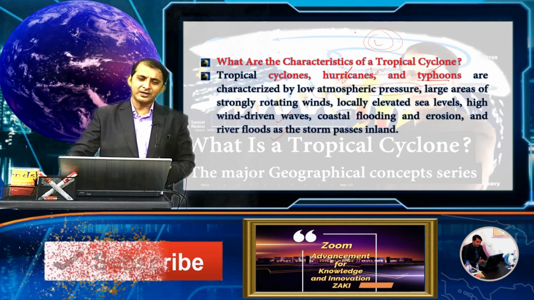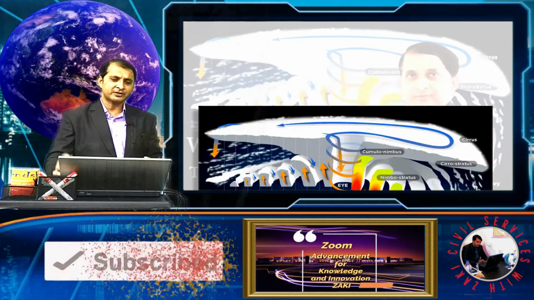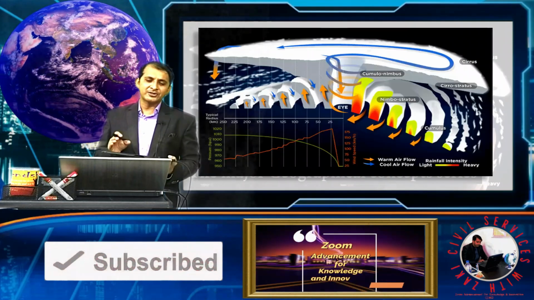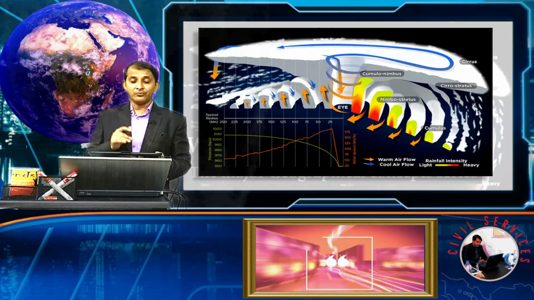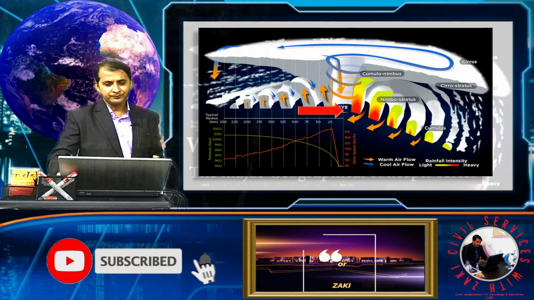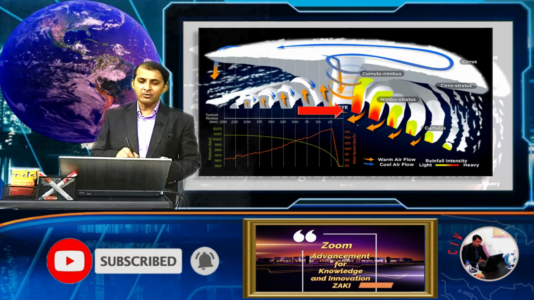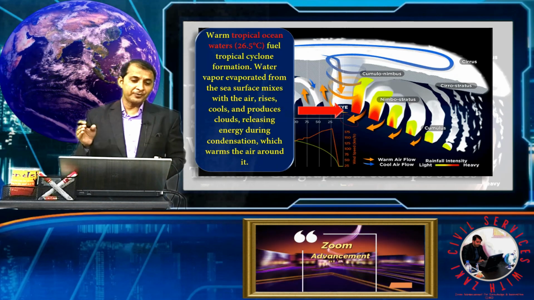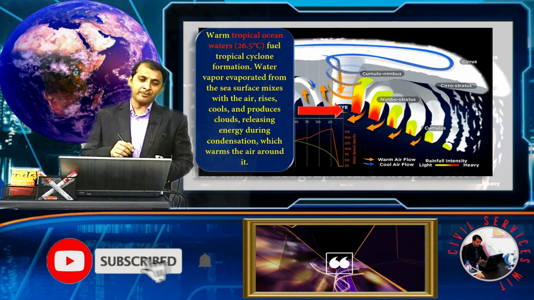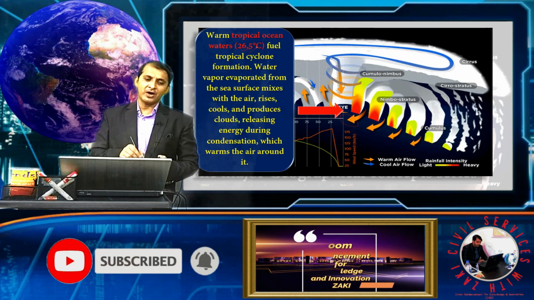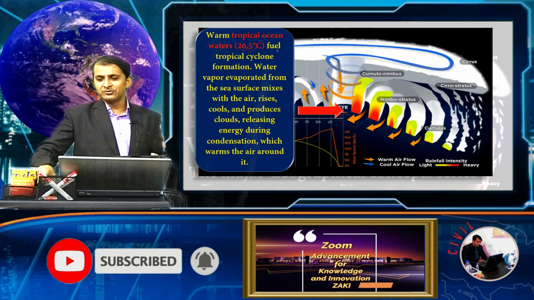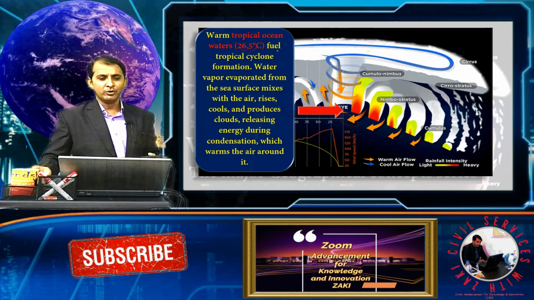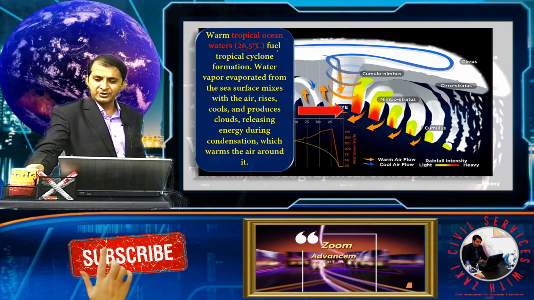So we move forward and see how these tropical cyclones form. First we need warm water. We need warm tropical ocean water in this area, approximately 26.5 degrees C. This warm water basically fuels tropical cyclone formation.